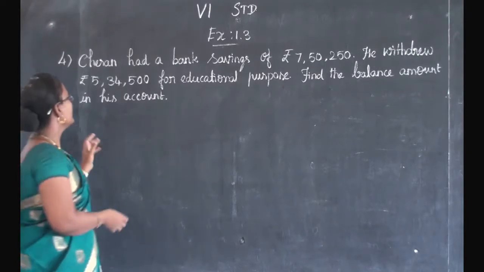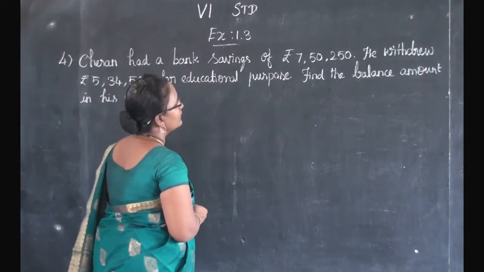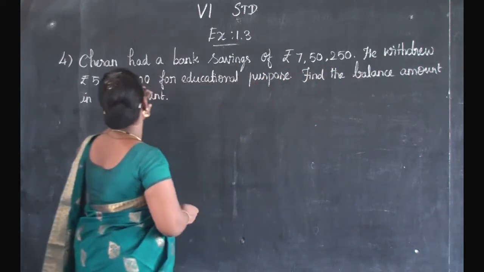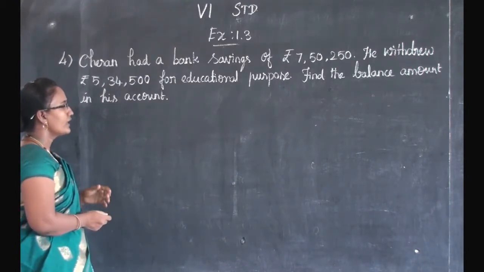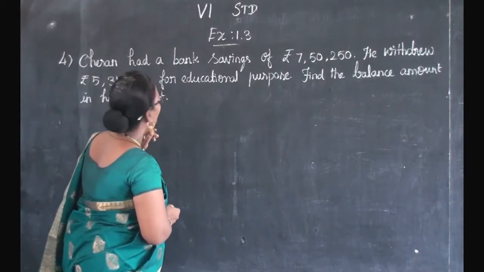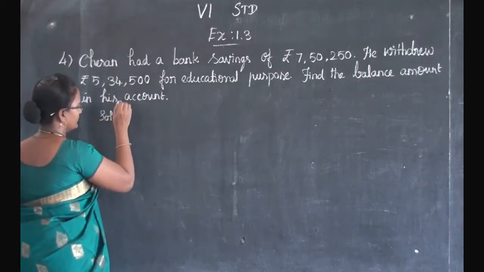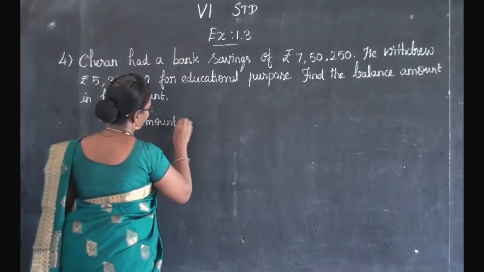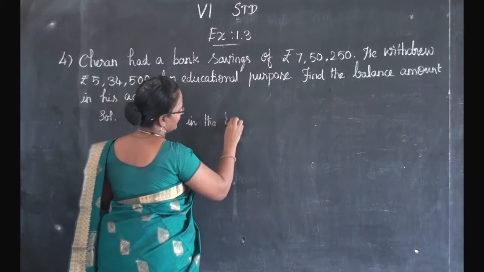This is the fourth one. Charan had bank savings of rupees 7,50,250. He withdrew 5,34,500 rupees for educational purpose. Find the balance amount in his account. Amount in the bank, how much?